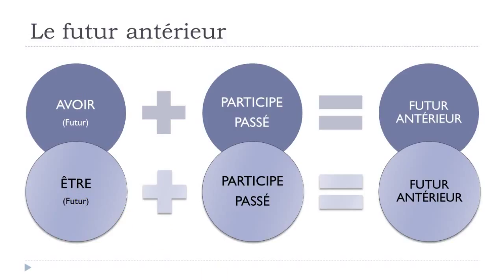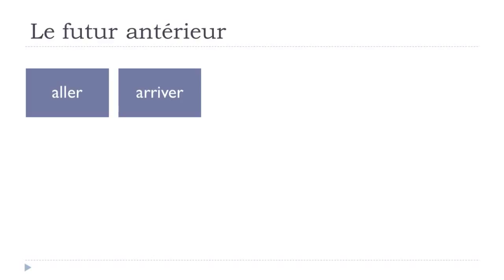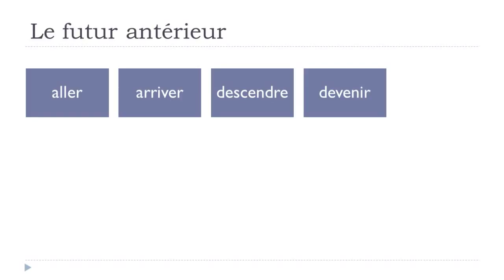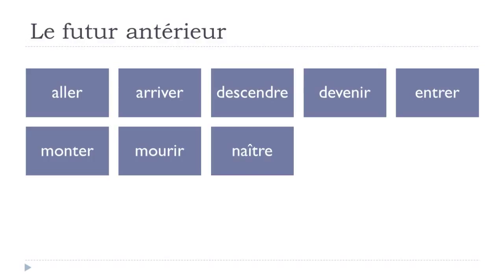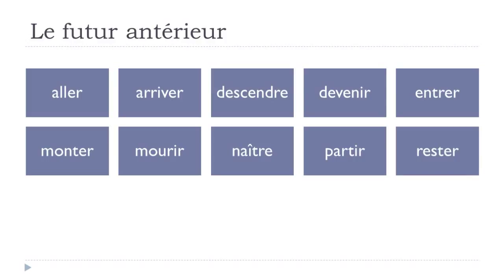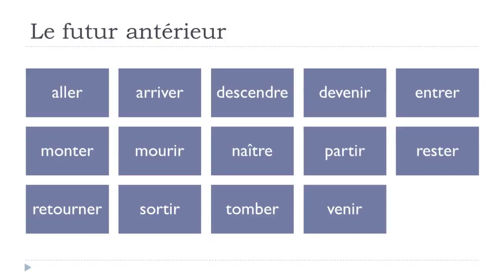Okay, so remember that for être, we've got aller, to go, arriver, to arrive, descendre, to go down, devenir, to become, entrer, to enter, to come in, monter, to go up, mourir, to die, naître, born, partir, to leave, rester, to stay, retourner, to return, sortir, to go out, tomber, to fall, and then venir, to come.